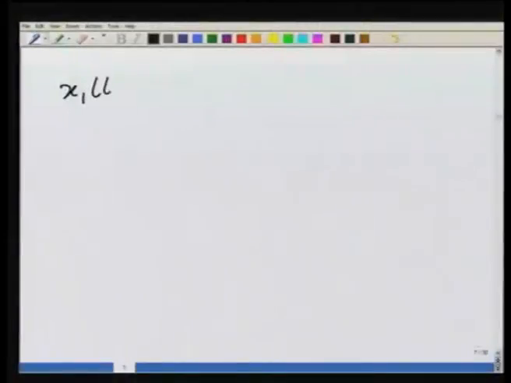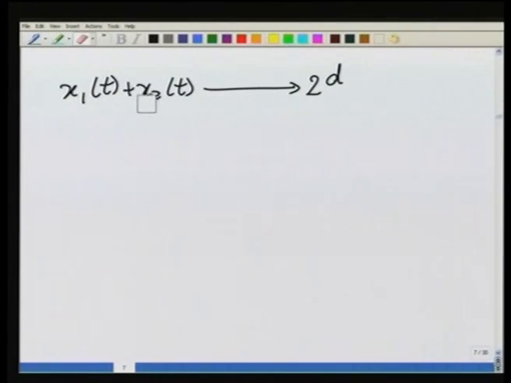Let us have x1(t) plus x2(t) as the input. The system's output would be y1(t) plus y2(t)... excuse me, initially we have not yet added the things. So, we just have x1(t) and x2(t) being applied to the input.